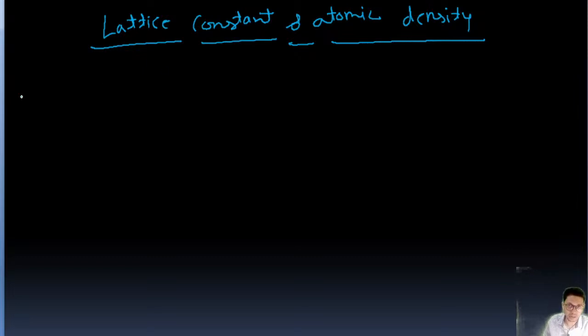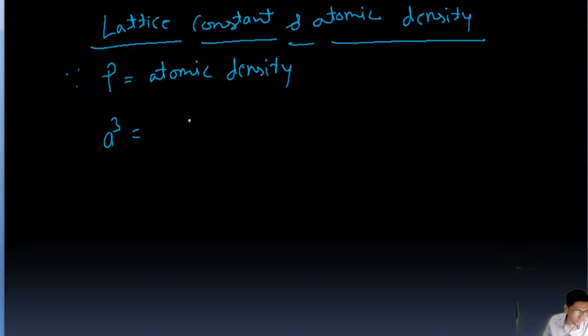So first, the lattice constant a and the atomic density rho. This relation we have to find. Rho is the atomic density, and we know a is the lattice constant. a cube is the volume of the unit cell.